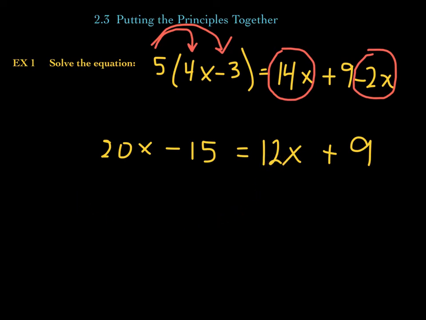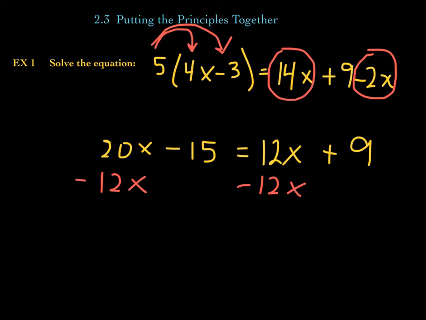The way you move any kind of term across the equal sign over to the other side is by using the inverse operation or the opposite operation. This 12x is positive, so the opposite operation will be subtraction. So I'm going to subtract 12x from both sides. As long as you do the same exact thing to both sides, you are good, okay?